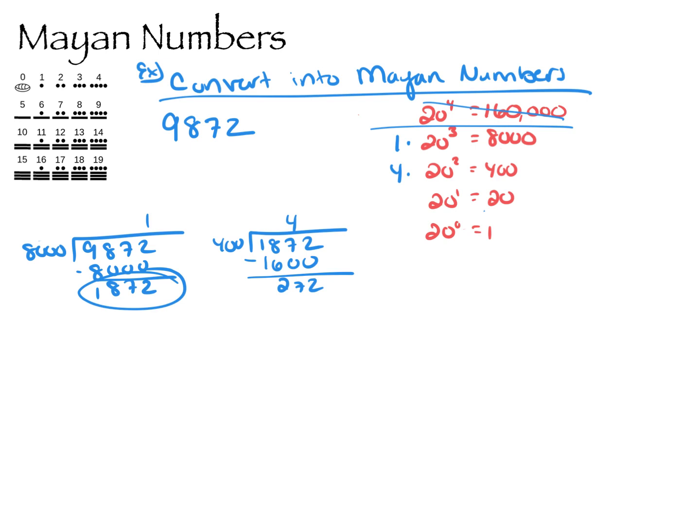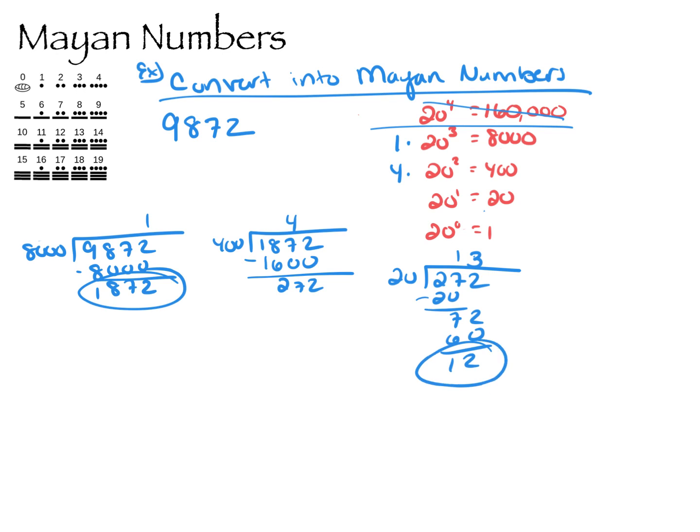Okay, and then next we'll check on the 20s. 20 goes into 272. Let's see, 20 goes into 27 once. And 20 goes into 72 3 times. So we have a 12 as our last remainder.